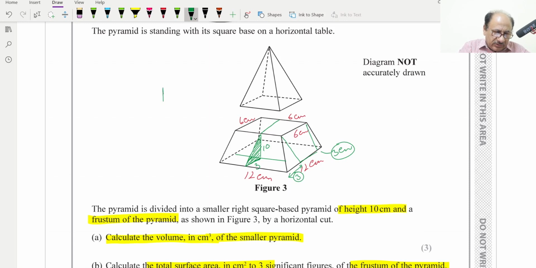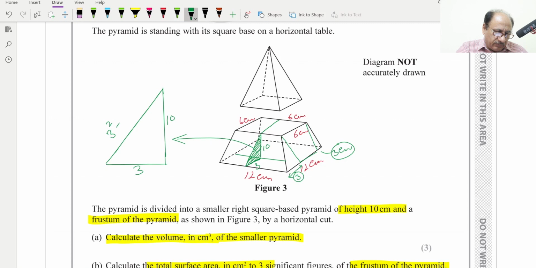If I draw separately, the bigger triangle which I wanted to consider is this one. This is the triangle, and this shaded triangle is zoomed in over here. This side is 3, this side is 10, and we can find this hypotenuse.